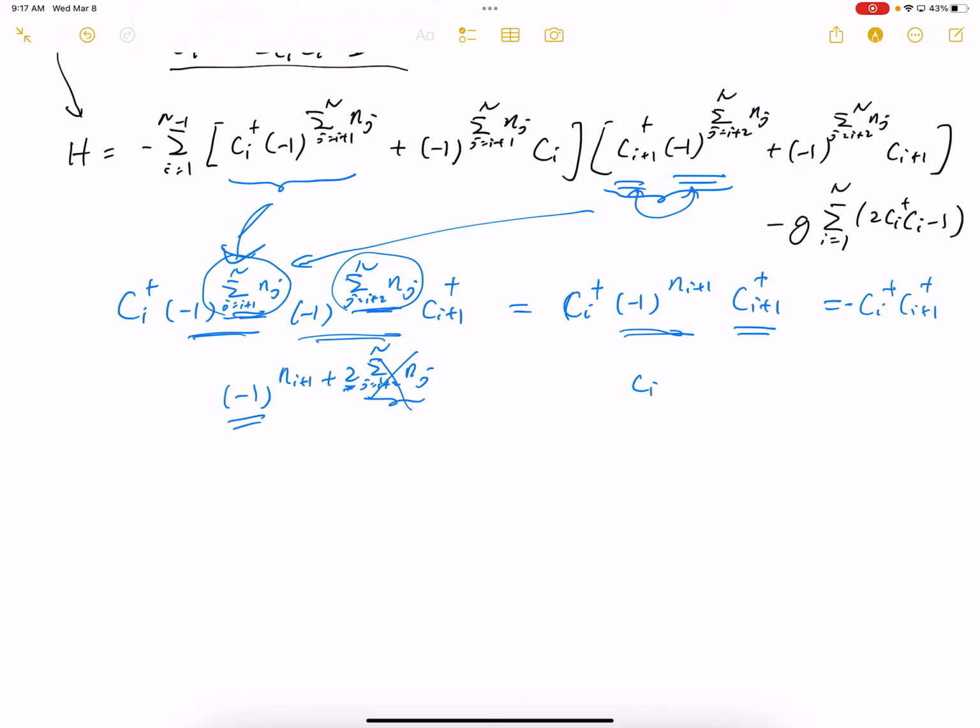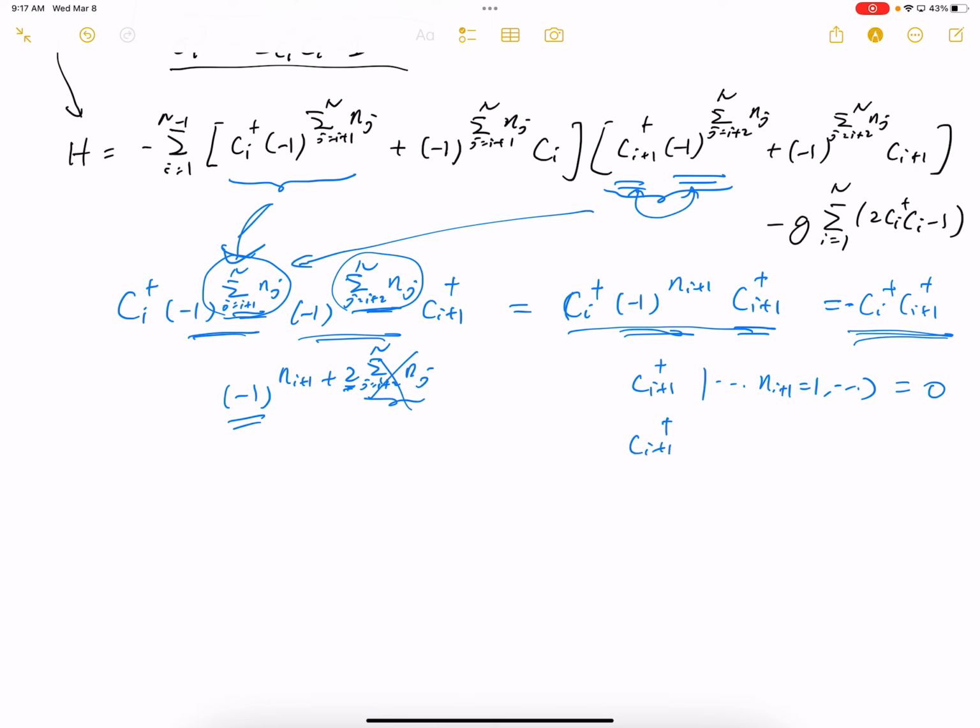We know that C_{i+1} dagger is going to kill the state if you have a state with n_{i+1} equals 1, because you can't create another fermion. So in this case, the whole operator is just 0. And it doesn't matter how you write it, because if you write it this way, it's always 0. So even if you have a minus sign, it doesn't matter, because this one is just going to differ from that one by either a plus or minus sign. So in this case, it doesn't really matter.